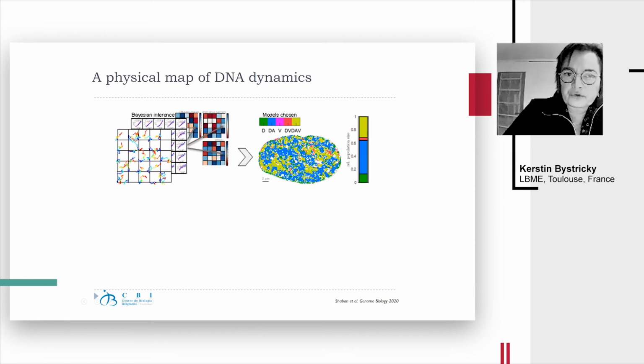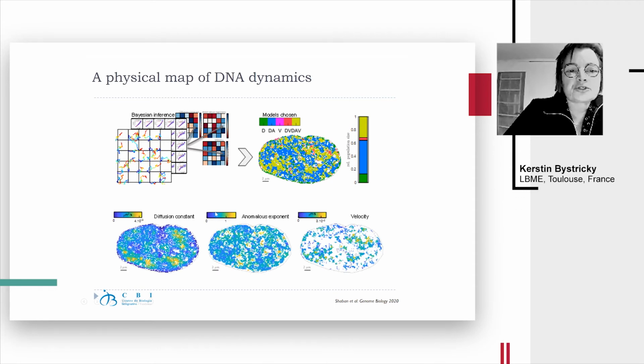From the diffusive behavior, you can extract parameters such as diffusion constant, anomalous exponent, or velocity. Let's just stick with diffusion constant. You see that you can have diffusion constants that go from very, very small to super diffusive. You can see these super diffusive patches within the interior of the nucleus, and you have these dark blue, very slow moving areas, mostly in the rim.